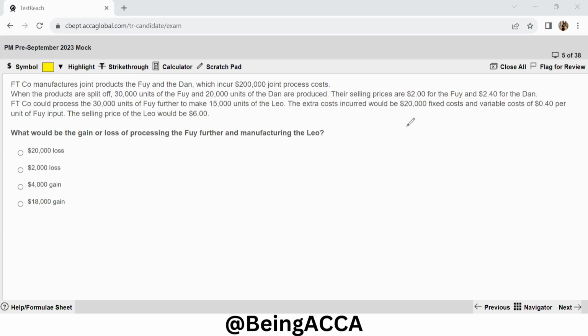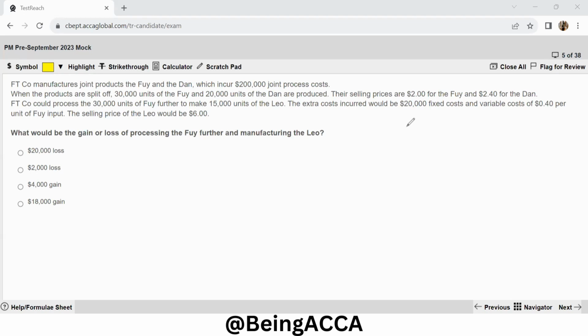FT company could produce the 30,000 units of FI further to make 15,000 units of LEO. The extra costs incurred would be 20,000 fixed costs and variable costs of $0.40 per unit of FUY input. The selling price of the LEO would be $6. So what would be the gain or loss of processing the FI further and manufacturing the LEO?